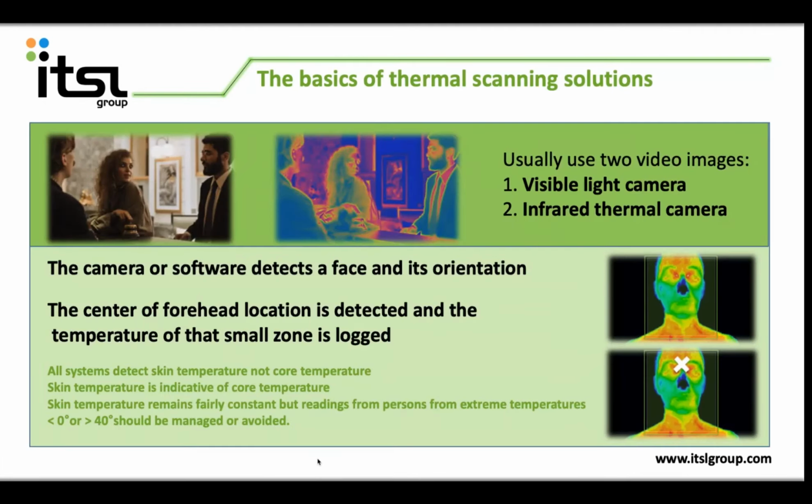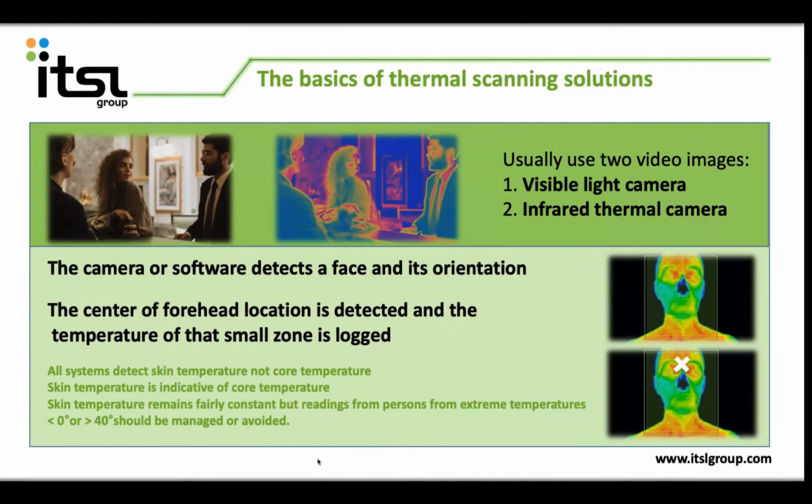So moving on then to the basics of thermal scanning solutions. These are the common denominators for the three solutions that we'll show you. They use two image sensors. One's a visible light camera, and the other one is a thermal infrared camera or sensor. And those images are laid one on top of the other.